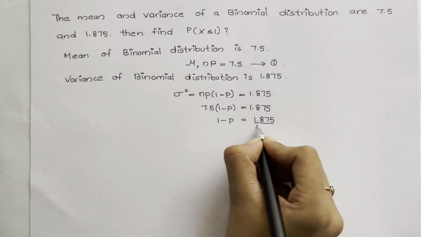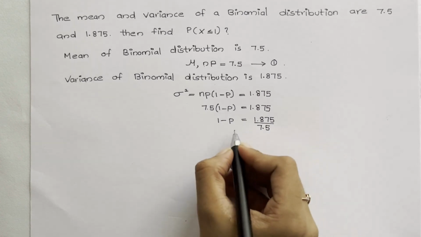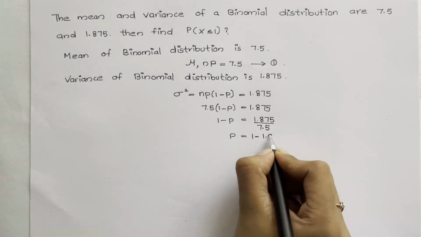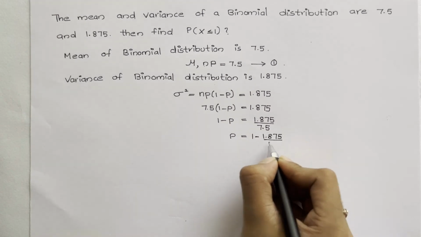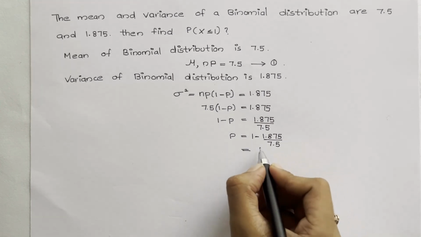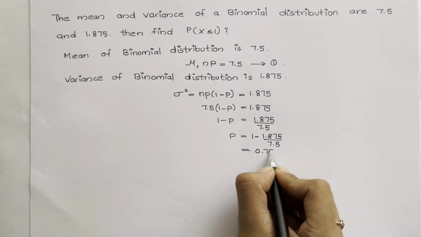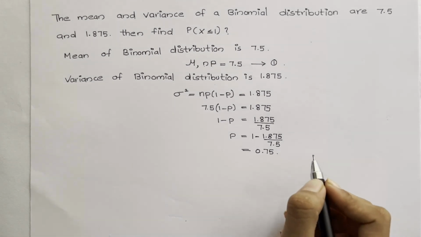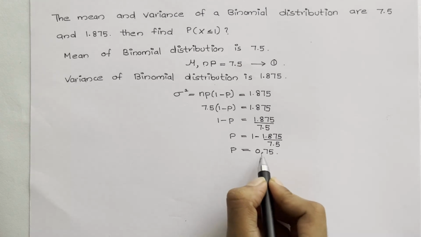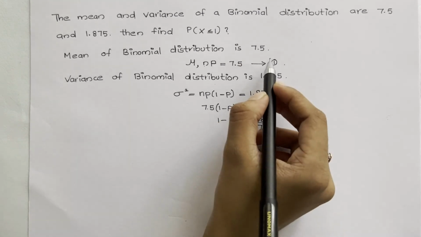1.875 divided by 7.5. Thus, p equal to 1 minus 1.875 divided by 7.5 equal to 0.75. Now, we substitute p equal to 0.75 in equation 1.